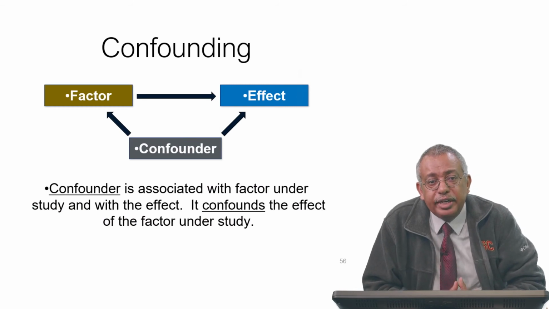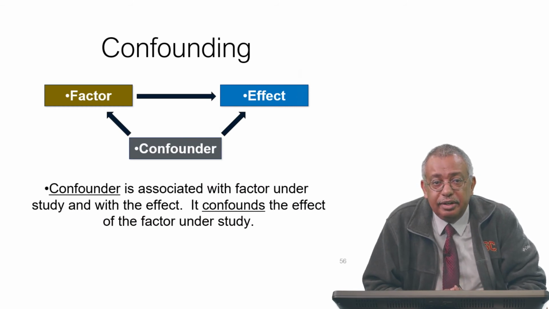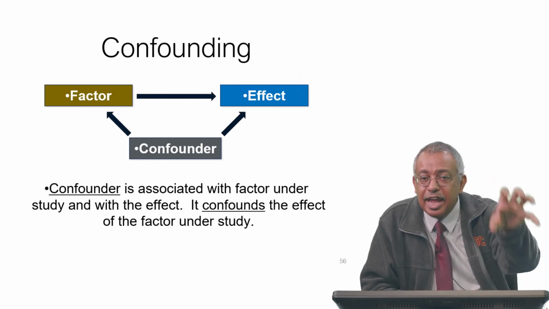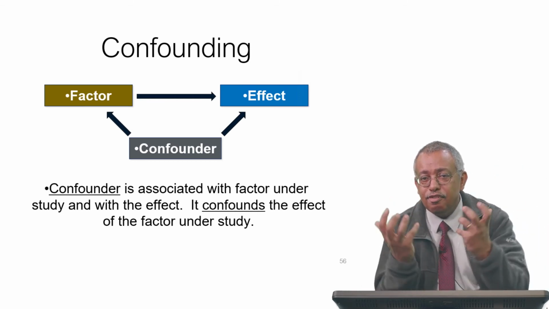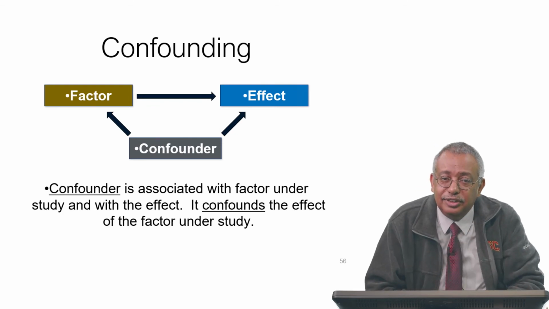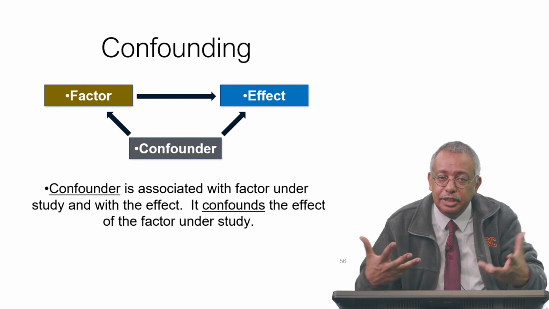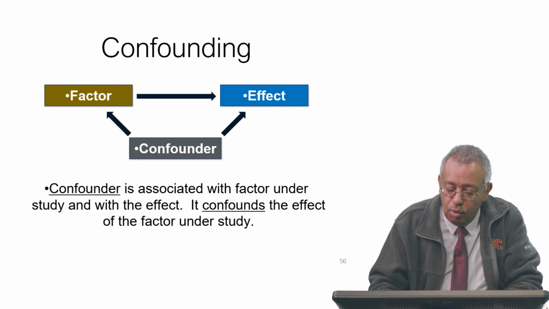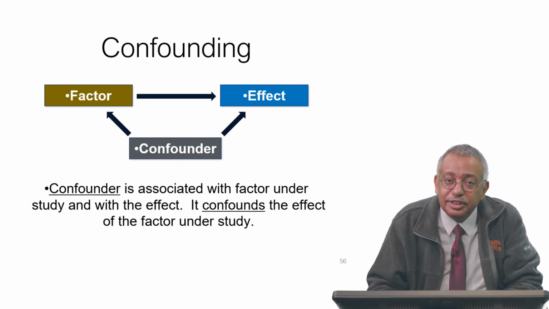In terms of confounding, basically, as I said earlier, a confounder is associated with both the factor under study and the effect. So it kind of confounds the effect of the factor under study. So even in its lay English term, it is basically trying to confuse you in terms of what the relationship between the factor and effect is.